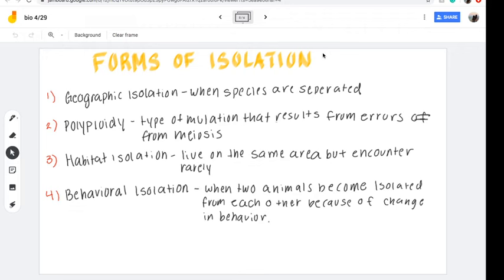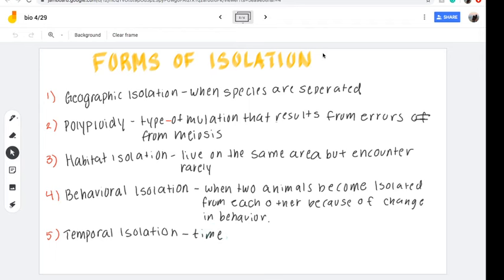Next, we have temporal isolation. Temporal refers to time.